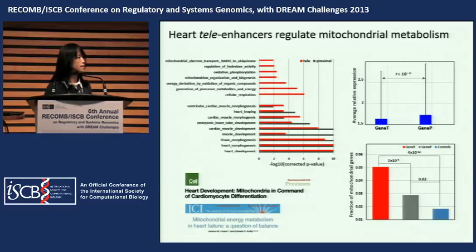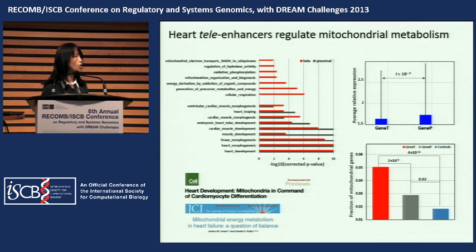So we look at the relative gene expression of gene T and gene P, and found that gene P has significantly higher relative expression, which shows that gene T, or the tele-enhancer, plays a low tissue-specific function. We also found some of the biological keywords, the keyword mitochondrial.